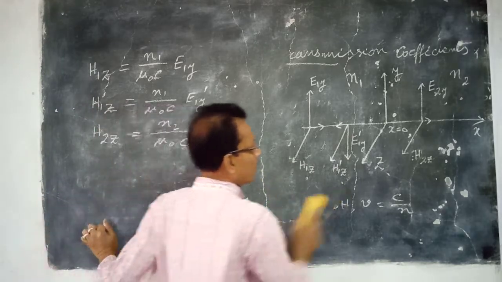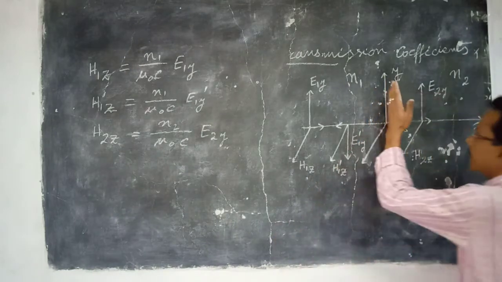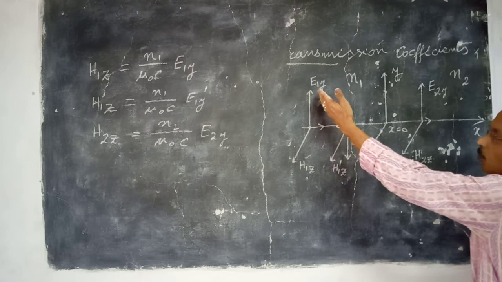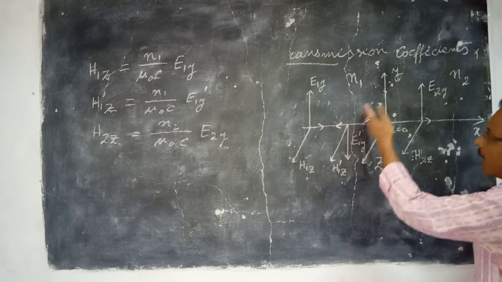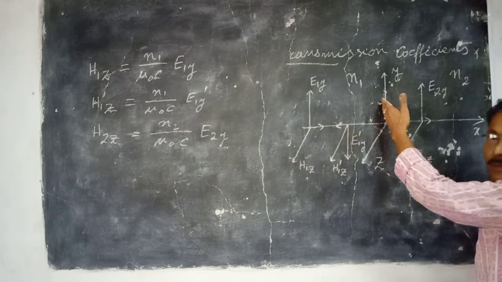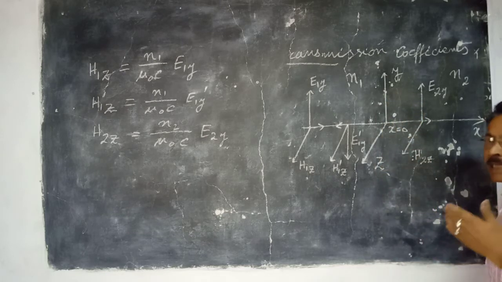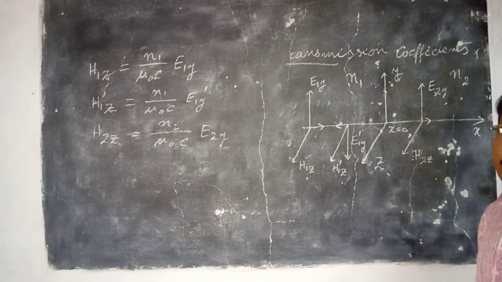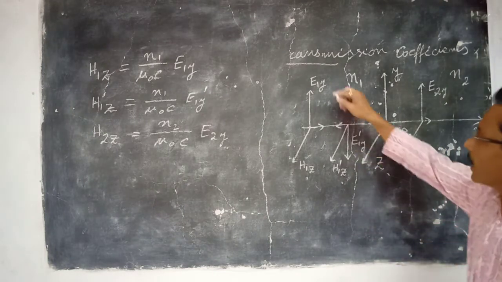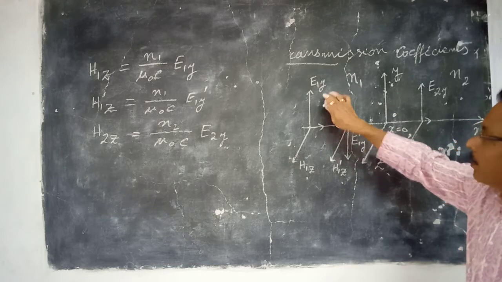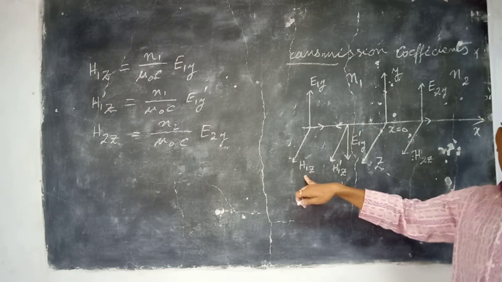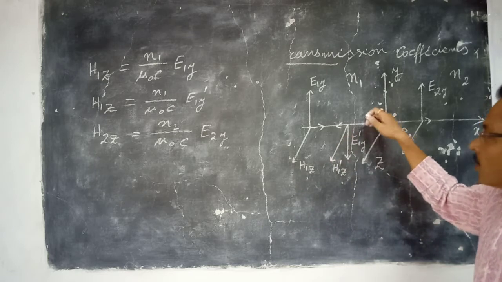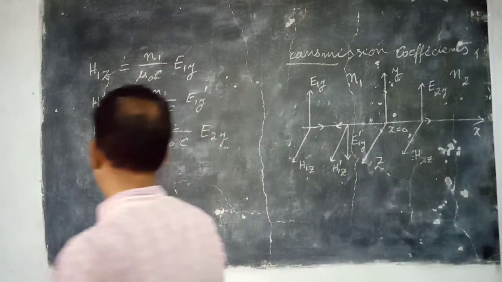Now, if we apply the boundary condition at this interface, the tangential components of both E and H are continuous. The normal components of electric displacement and magnetic induction B are continuous at the boundary, and the tangential components of the electric field and the magnetizing field H are continuous.